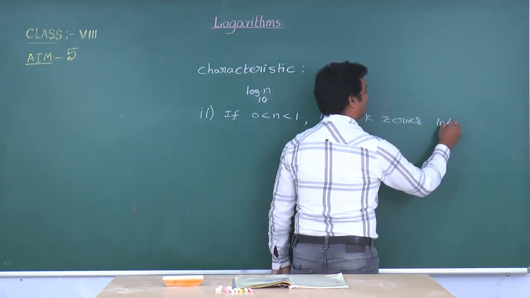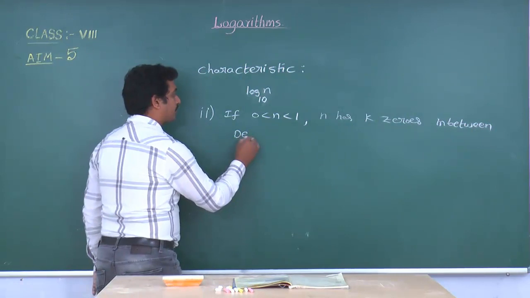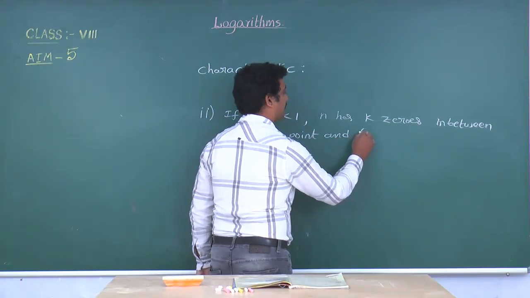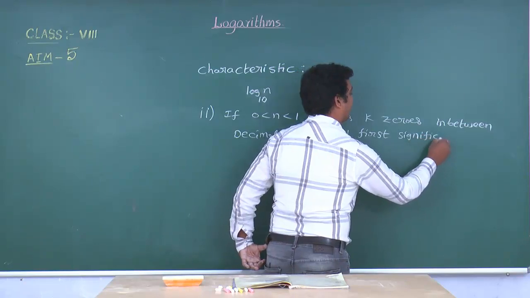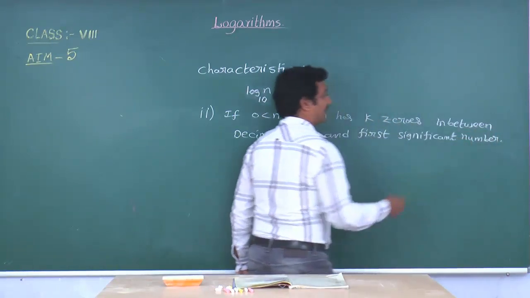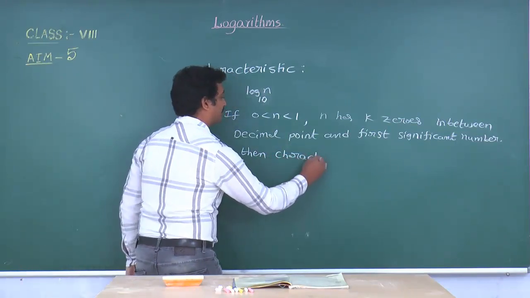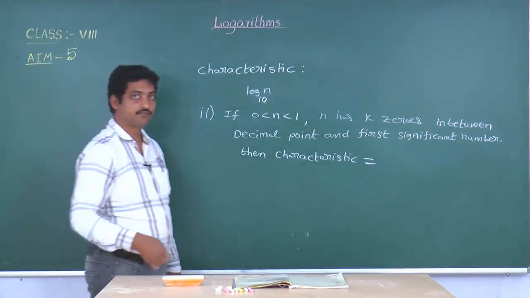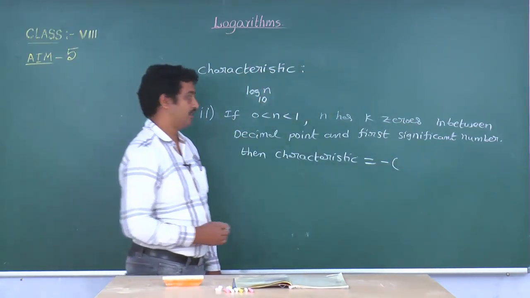then the characteristic is equal to minus of k plus 1.